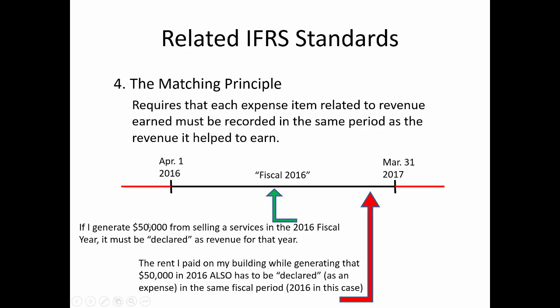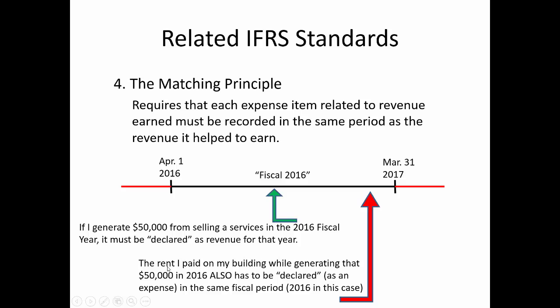In this example, if I generate $50,000 from selling services in 2016, then we know from the previous principle that we have to declare it as part of our fiscal 2016. Well, all the expenses that I incurred to generate that $50,000 also have to be declared along with that $50,000.